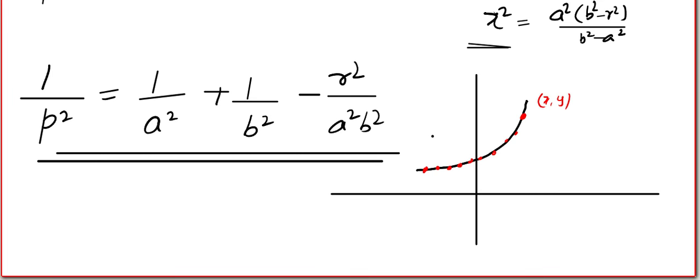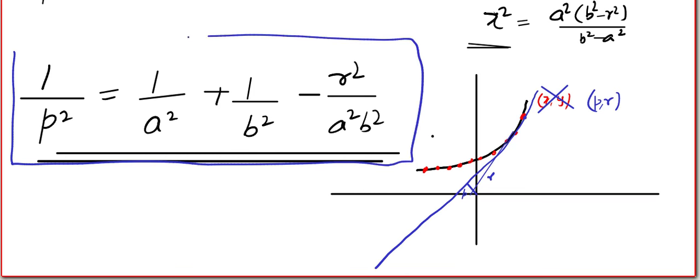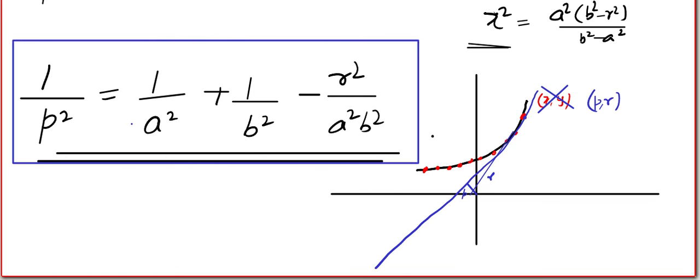In order to convert into pedal form, we draw a tangent at the required point, and then we measure two things: the distance of the tangent from the origin and the distance of the point from the origin. The distance of the point from the origin is denoted by r, and the distance of the tangent from the origin is denoted by p. And our job is to convert this x comma y into p comma r. I'll repeat once more. This is the pedal equation corresponding to our ellipse in Cartesian form.